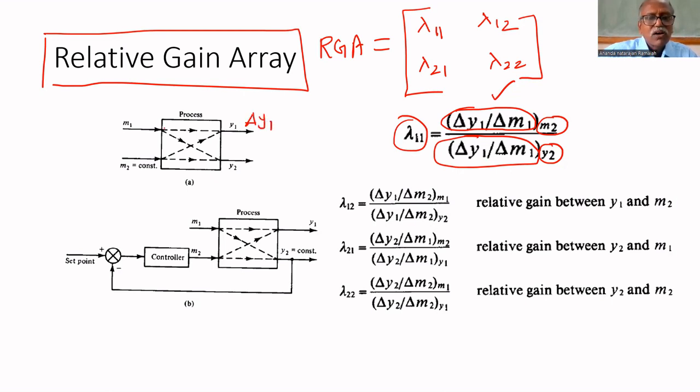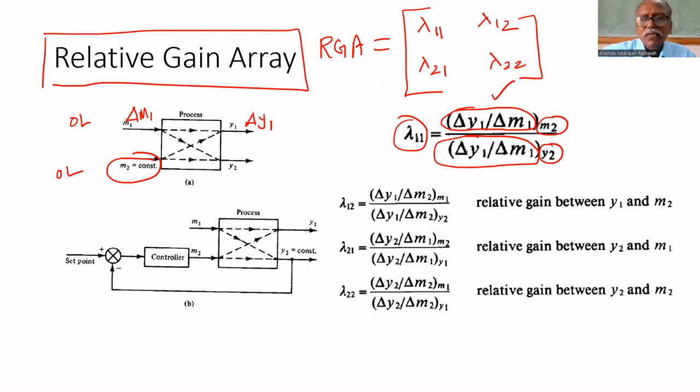Change in y1 for change in m1, keeping m2 constant. How to keep m2 constant in open loop? This is also in open loop. Both are open loop. If you do the experiment, you will get delta y1, and lambda 11 you will get.